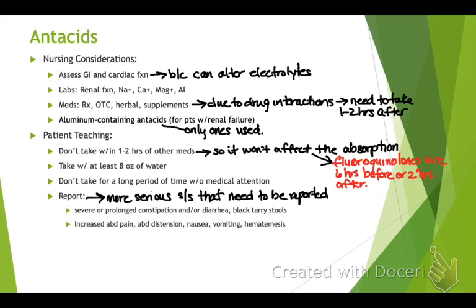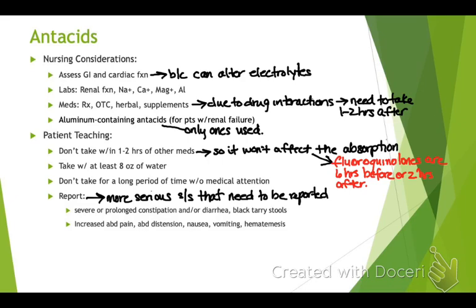We also want to think about other meds that patients are taking, meds that they're prescribed, over-the-counter meds, and herbals or supplements, due to the drug-to-drug interactions that some of them may have with the antacids.